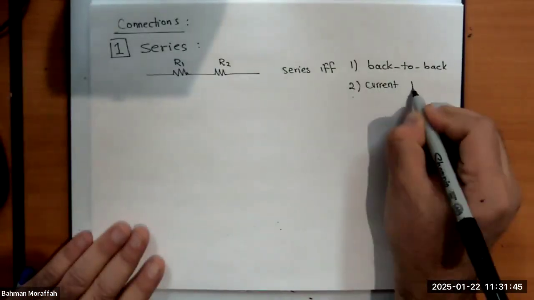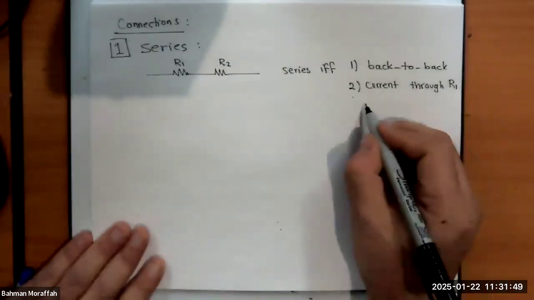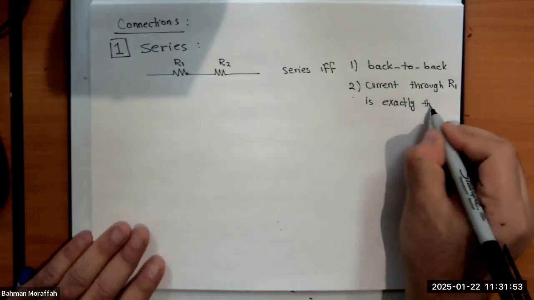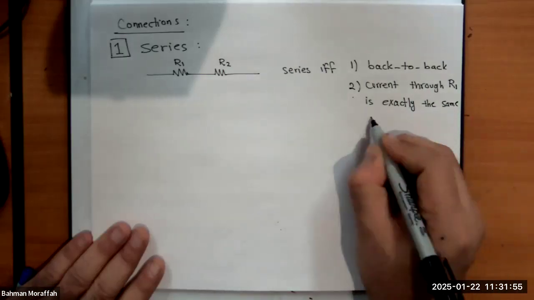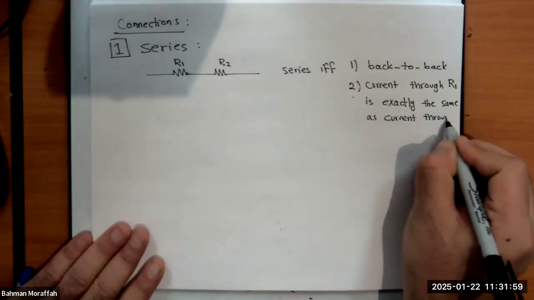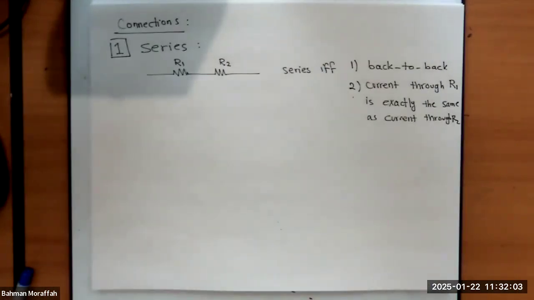Second, current through R1 is exactly the same as current through R2. Right? That's the definition.